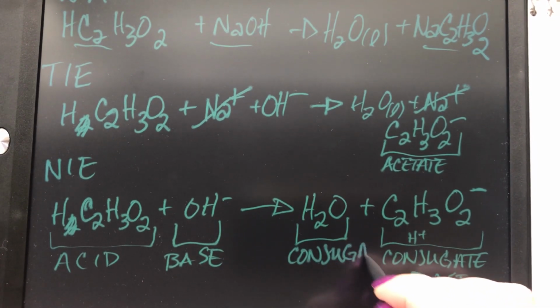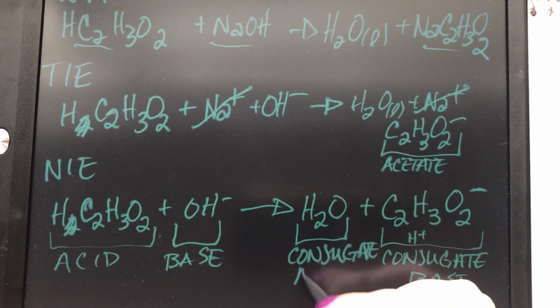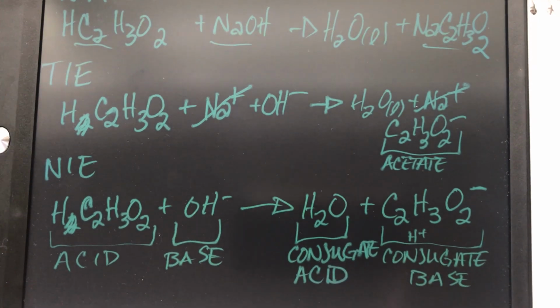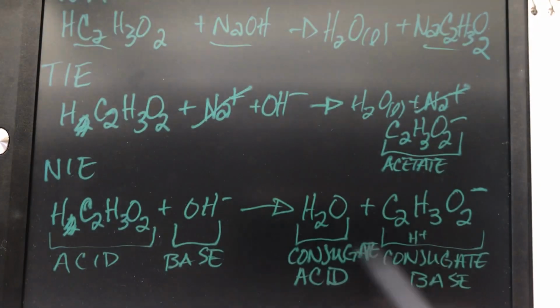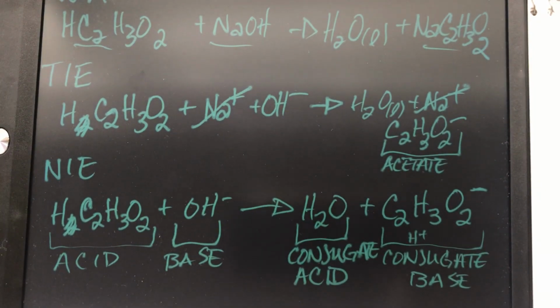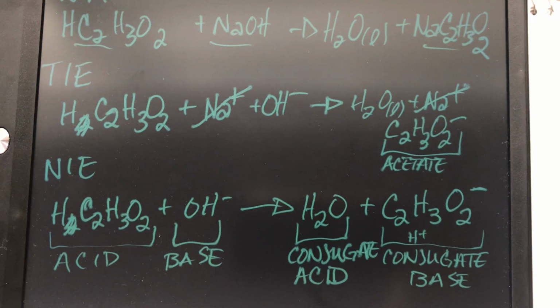So, what we were saying in that first bit when we were talking about the individual acid and its conjugate base, right? That was just looking at the acid and the base by themselves, right? Is everybody with me?